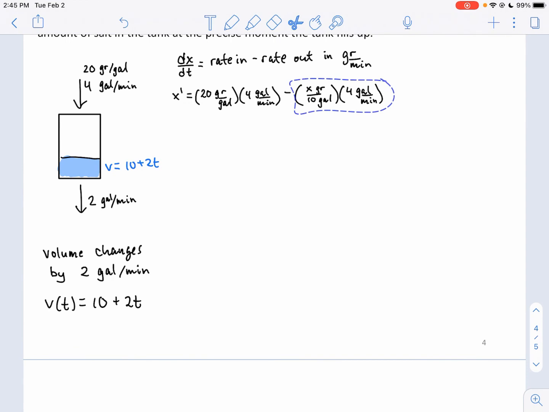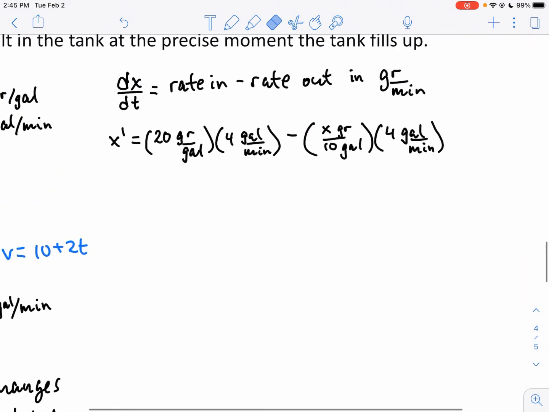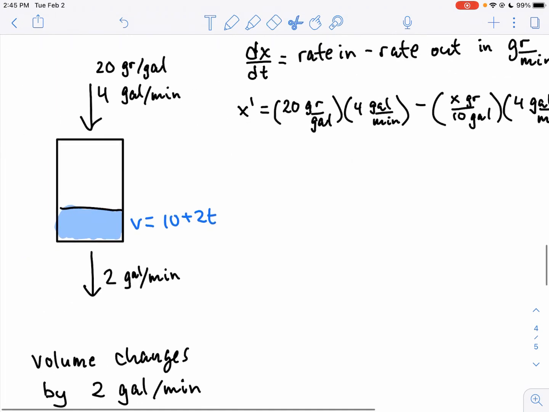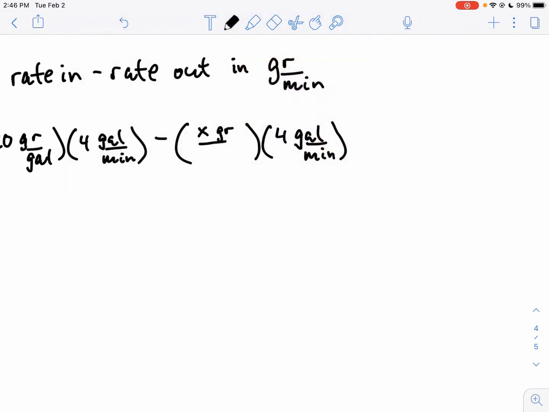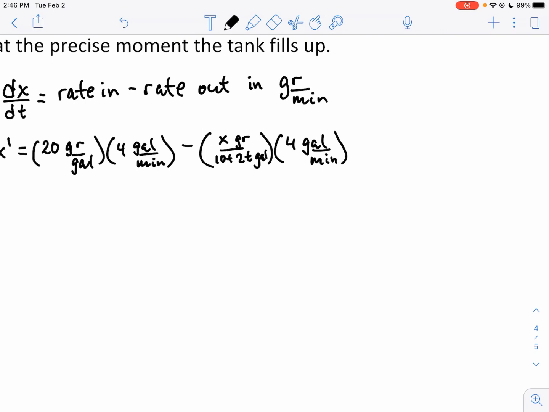All right, so we need to make some changes to this part again of our rate out differential equation. The rate in is the same, but the rate out is going to be, we still have x grams in here at any moment. That's what x stands for, how many grams of salt are in the container. But it's no longer 10 gallons that are in the container. It's 10 plus 2t gallons. So we have x grams per 10 plus 2t gallons, and then times 2 gallons per minute that we're losing.